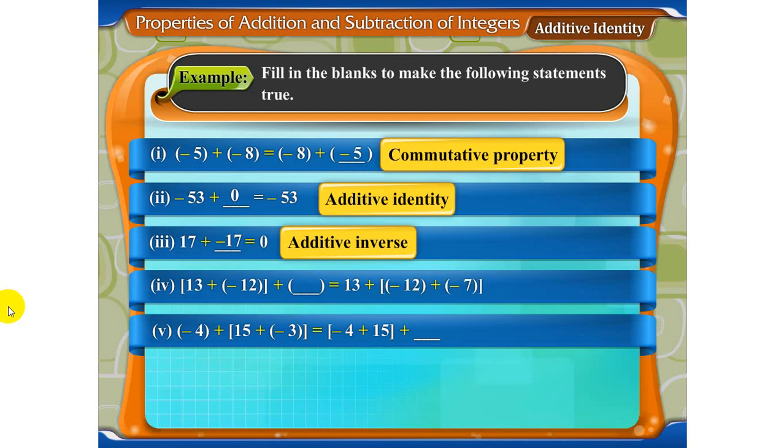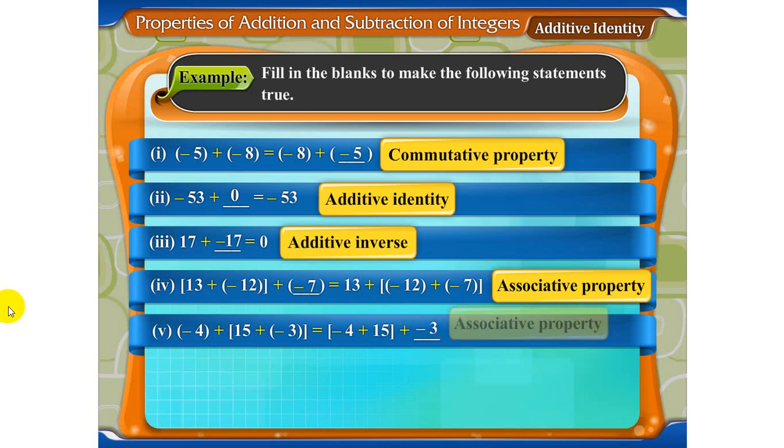Solution. The answer of given statement is negative 7 because of associative property. 5. Negative 4 plus 15 plus negative 3 is equal to negative 4 plus 15 plus dash. The answer of given statement is negative 3 because of associative property.